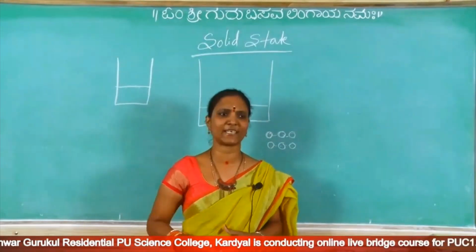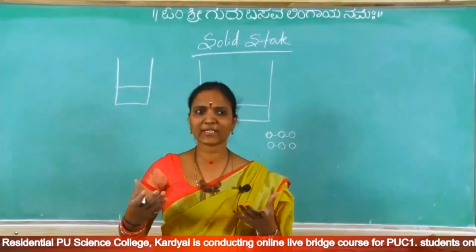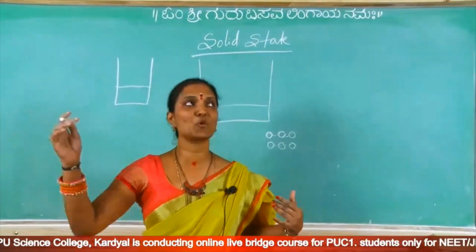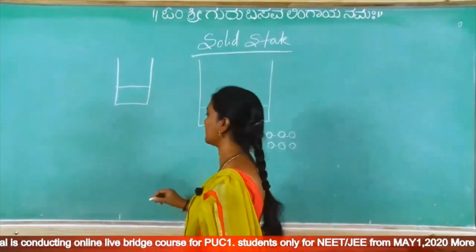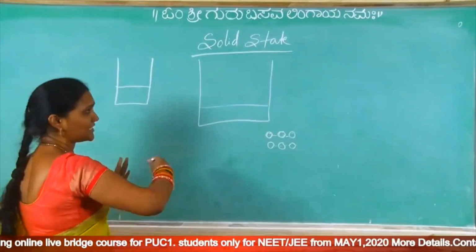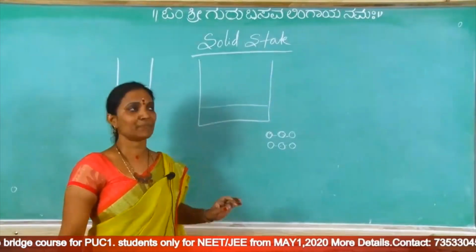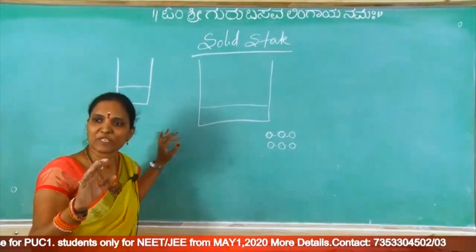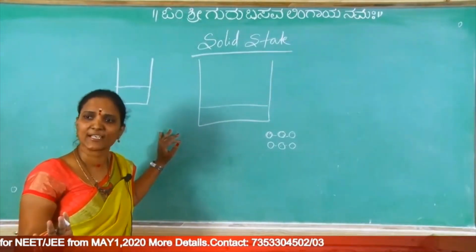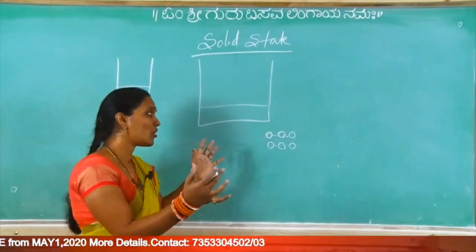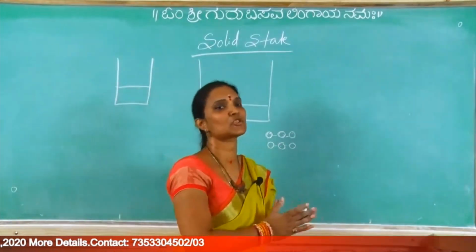But now the distance is more, like the gaseous state. One particle is here, another particle is here, so distance is more and interactions are less. If interactions are negligible, that state is a gaseous state. If interactions are less, it is a liquid state. If strong interactions are there, it is a solid state.